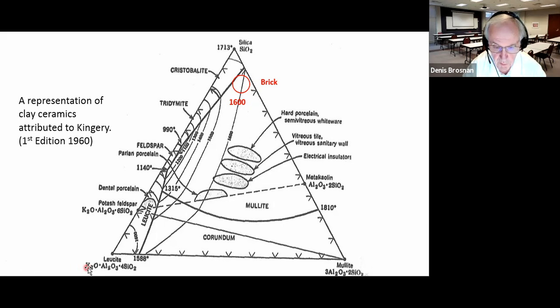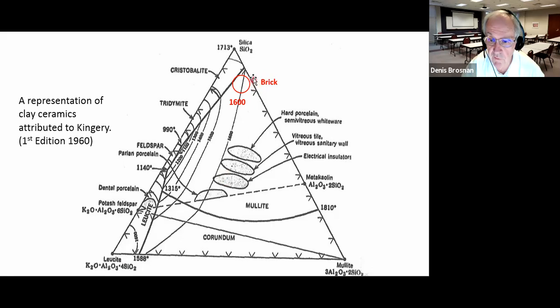So if we take a section of the potassium aluminosilicate phase diagram here with mullite and silica, Professor Kingery of MIT in his first edition of Introduction to Ceramics plotted different types of ceramics. Porcelain products, the subject of next week's lesson, vitreous tile, electrical ceramics, electrical porcelains.